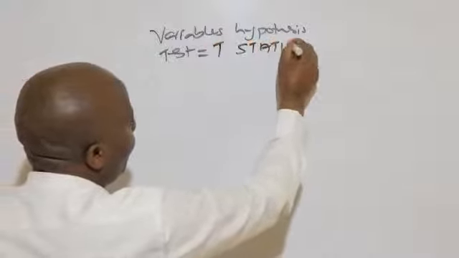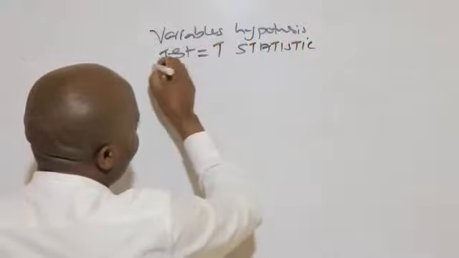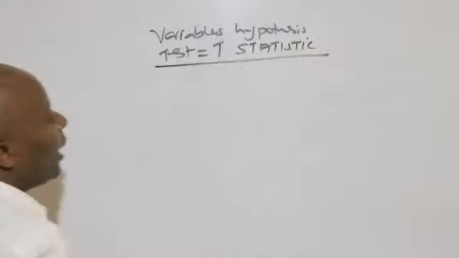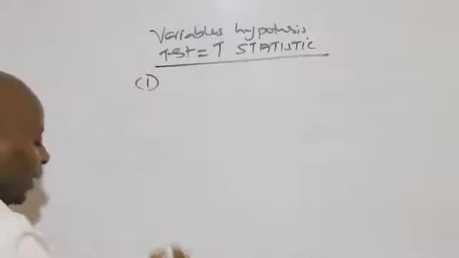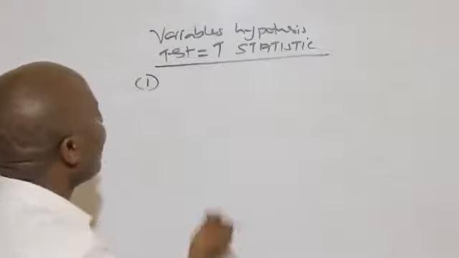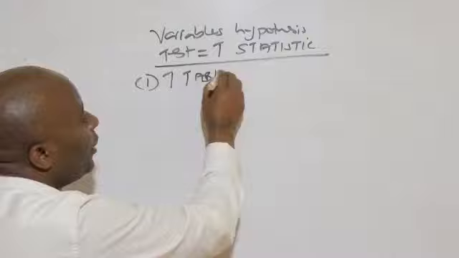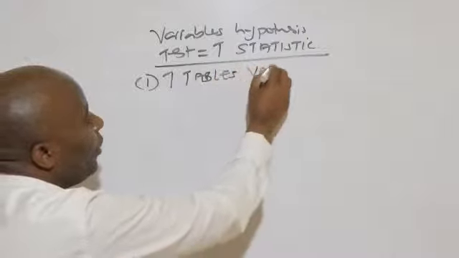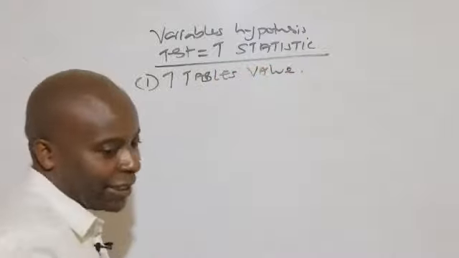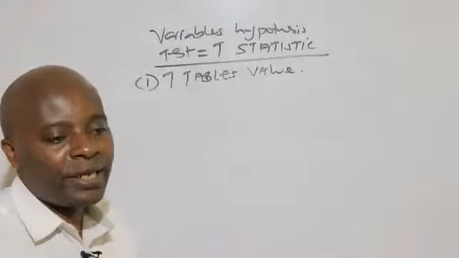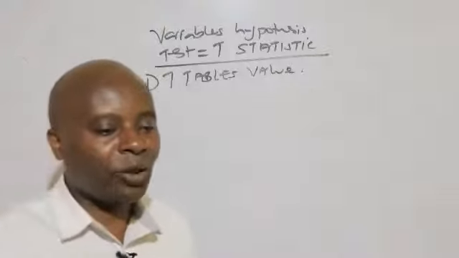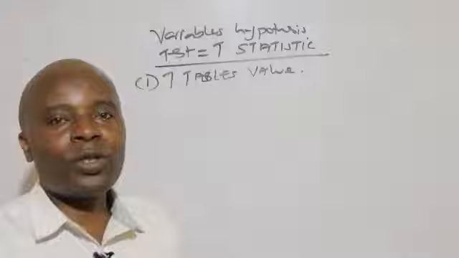We normally do this using the t-statistic. And remember step number 1 of the t-statistic: give us the t tables value. It's called a student t table. It was discovered by a student like yourselves.